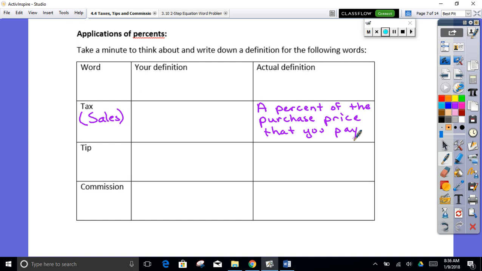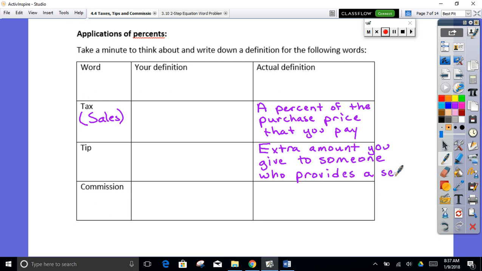So we're going to define it as an extra amount you give to someone who provides a service.